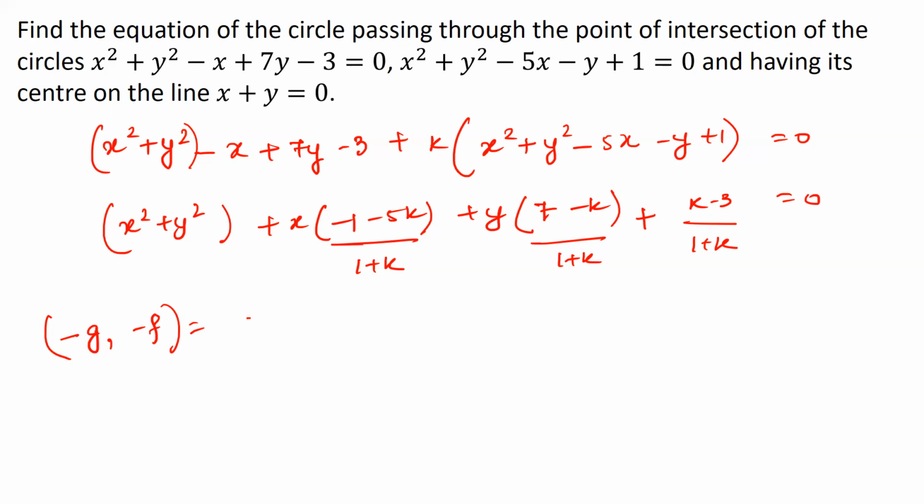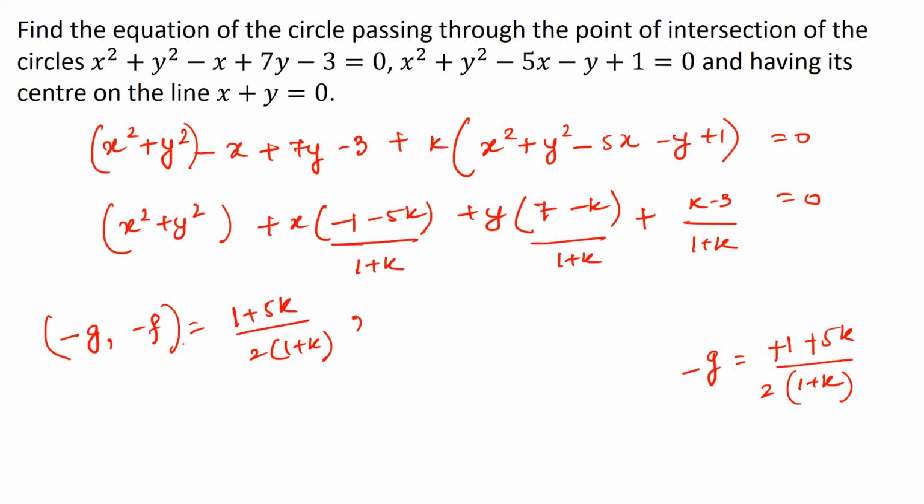Let me do it in a better way. I know that 2g is equal to minus 1 minus 5k by 1 plus k. I need to figure out the value of minus g from here. So first of all, I divide by 2, so 2 goes here and then minus, so all of these become plus. So the value of minus g becomes 1 plus 5k divided by 2 times 1 plus k.